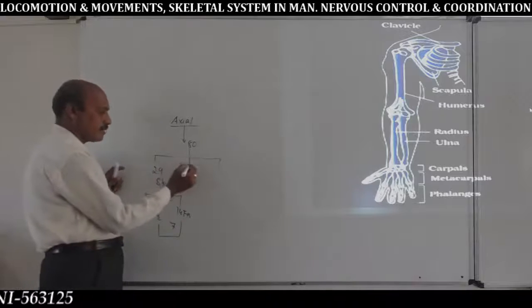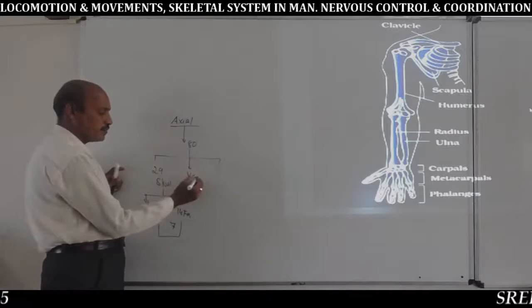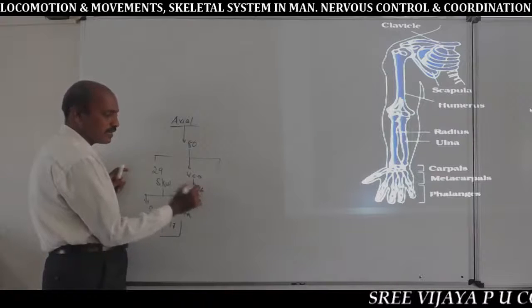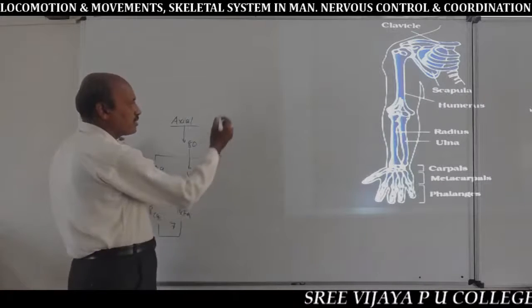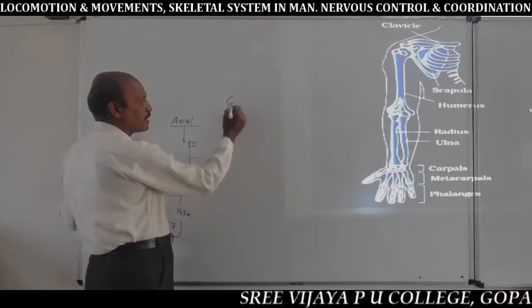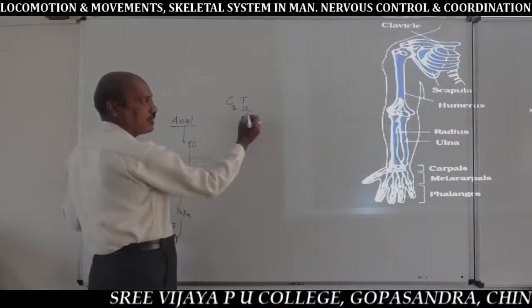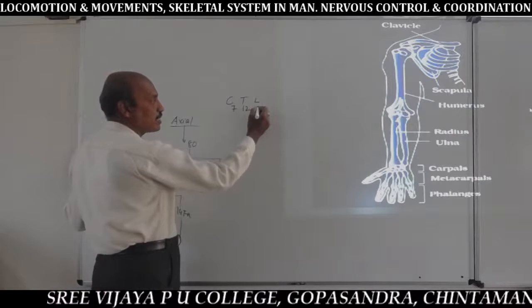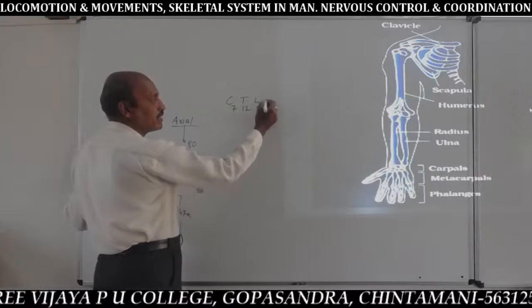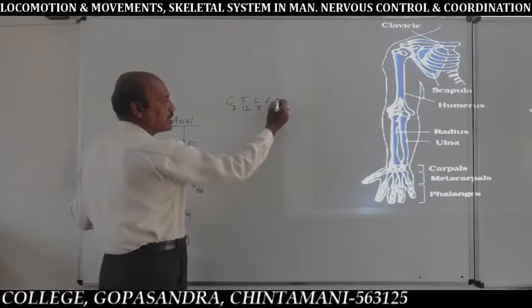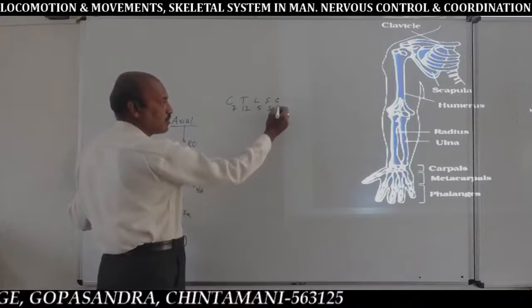And the second one is the vertebral column bones. In the vertebral column, there are 26 bones in adults. Out of 26, cervical bones are 7, thoracic bones are 12, lumbar bones are 5, sacral bone is 1, and the coccygeal bone, or coccyx, is 1.